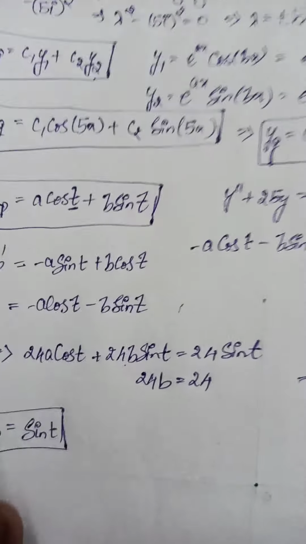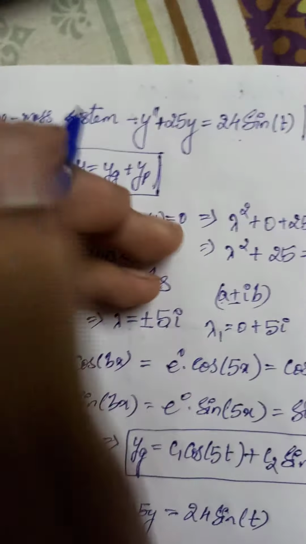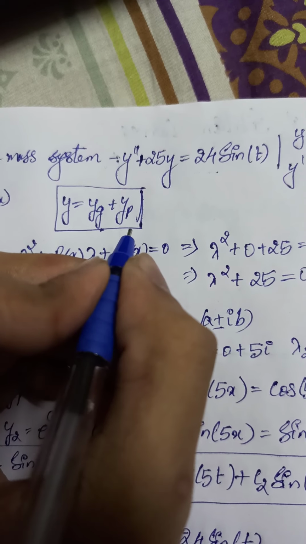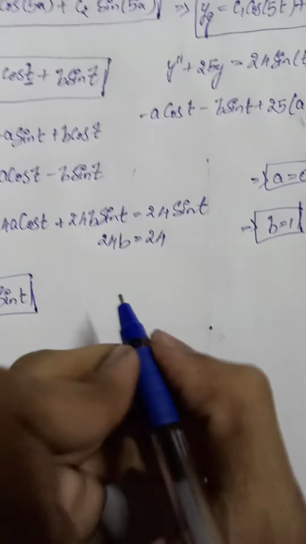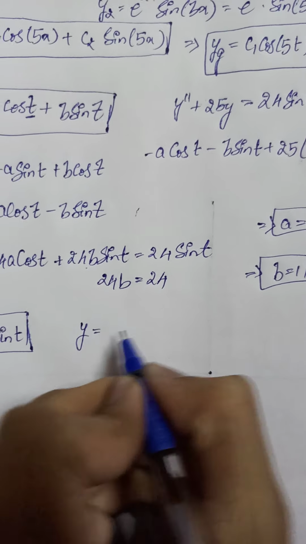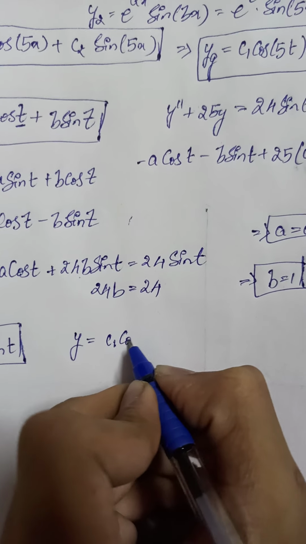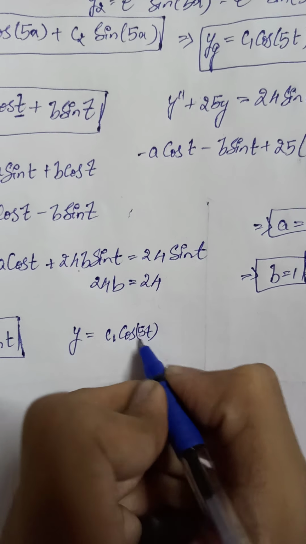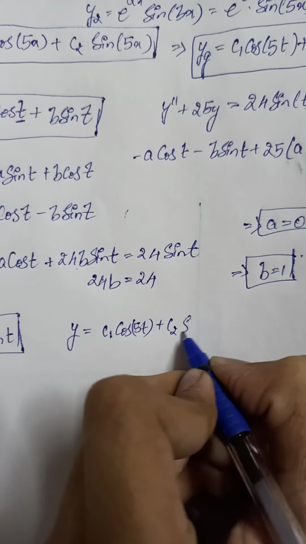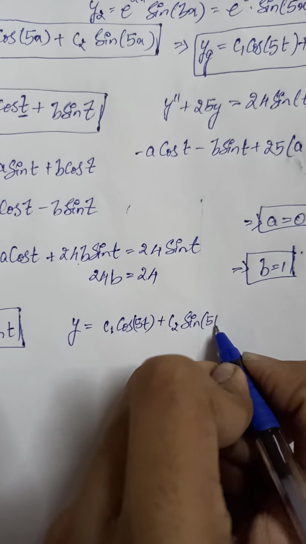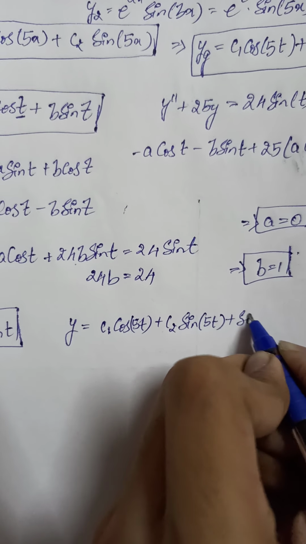Now as I previously mentioned, the solution is the sum of the general solution and the particular solution. So I will write y equal to c1 cos 5t plus c2 sin 5t plus sin t.